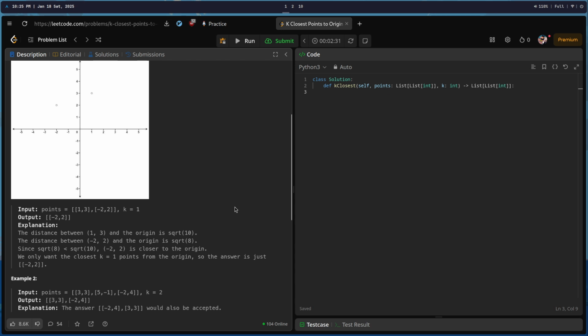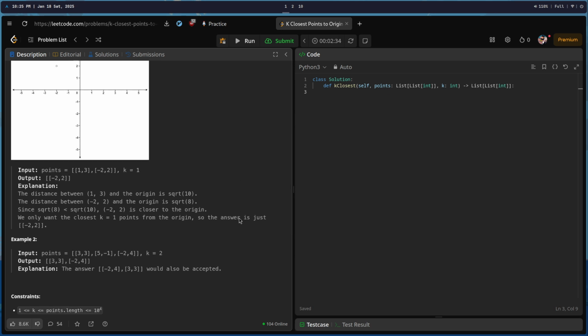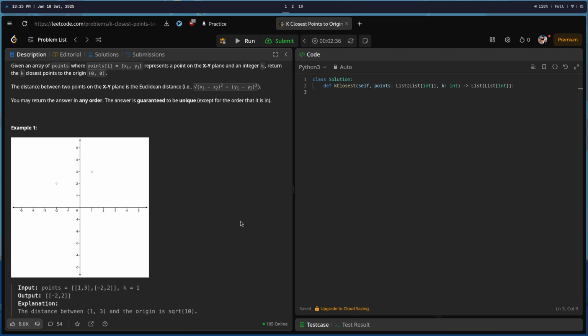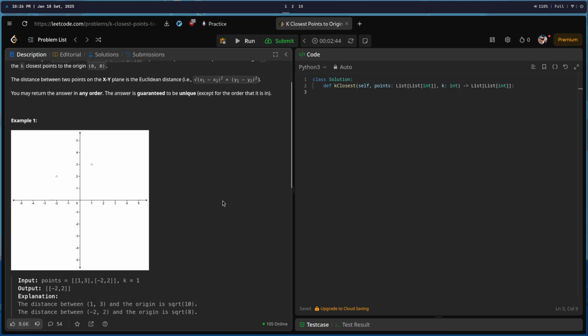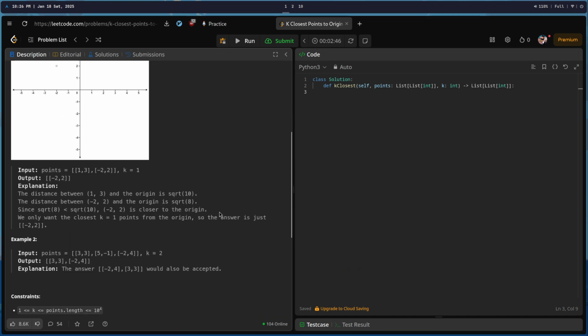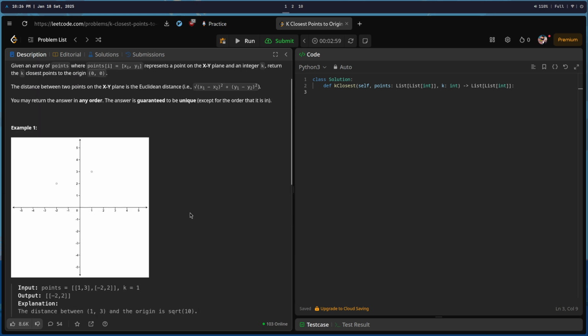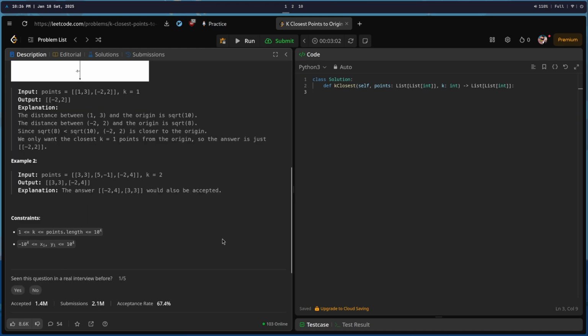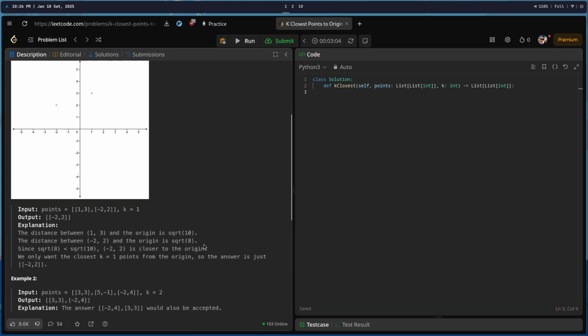I don't want to do the math in my head. We want the closest points from the origin, so the answer is just 2, 2. So 1 is the closest. What is k? Yeah, 1. Okay, 1 is the smallest. 2 is the second smallest or closest to the origin.